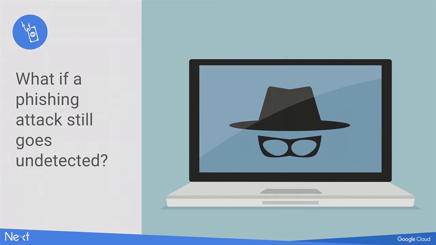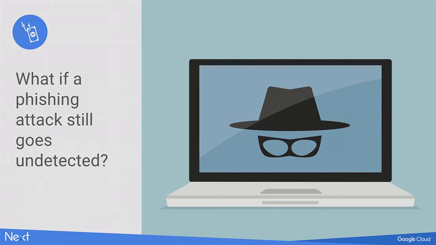Now, so we have all these powerful detection mechanisms, but you may still ask, and this is a great question, well, what happens if something manages to go through undetected through all those detection mechanisms? Because it's an asymmetric warfare.